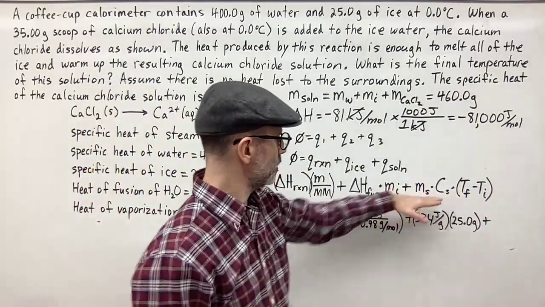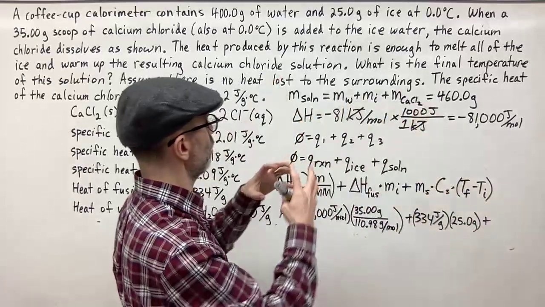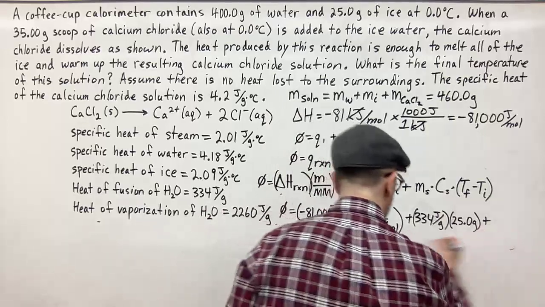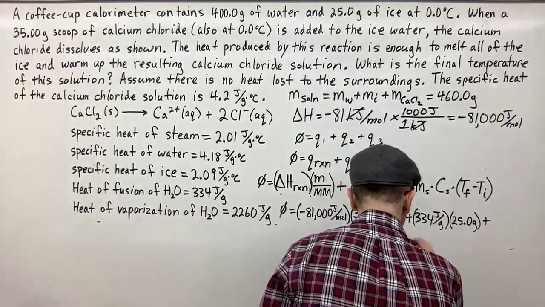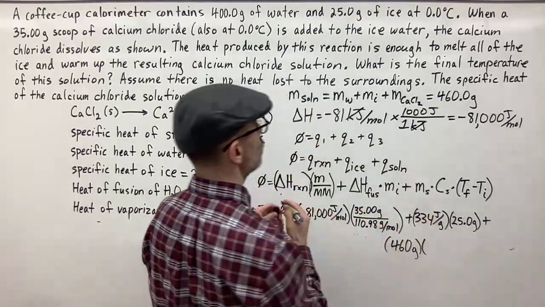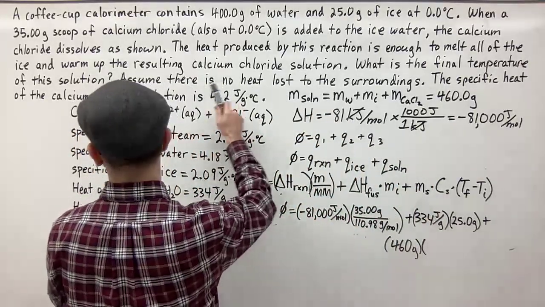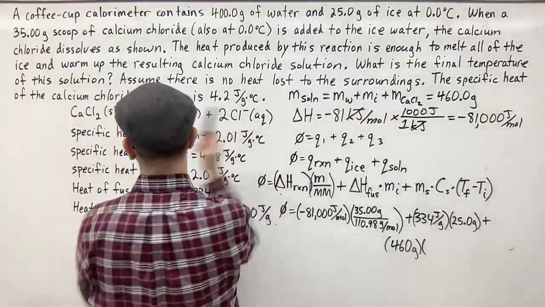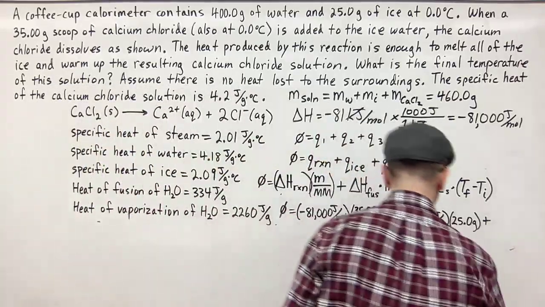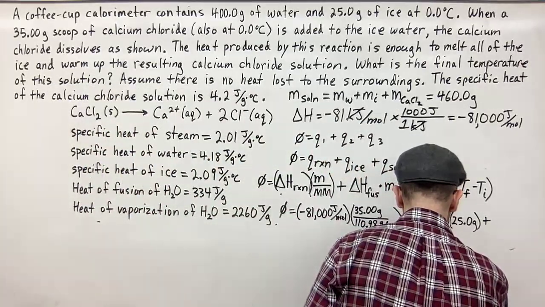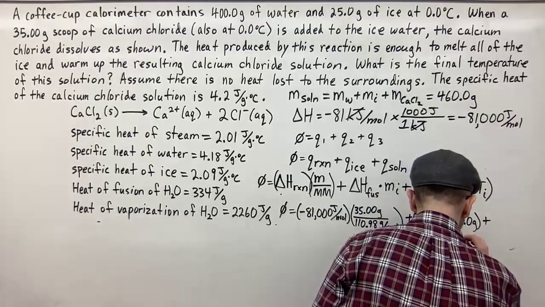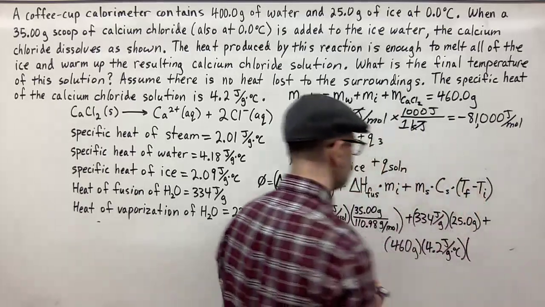And then finally, we're going to add the third part. So we've got the mass of the solution. Again, the mass of the solution is all of the masses added together, 460.0 grams. So I'm going to write that down here. So 460 grams multiplied by the specific heat of the solution. And we're told that the specific heat of the solution is to be assumed 4.2 joules per gram degrees Celsius, multiplied by the temperature change.